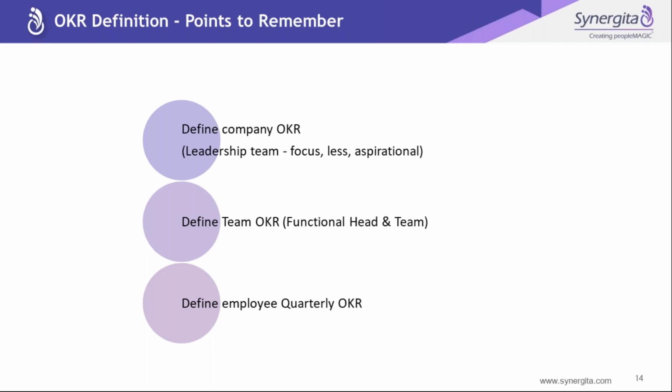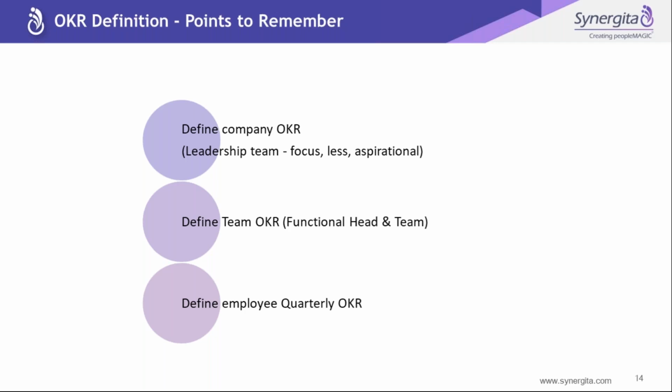From the organization's OKR, the team OKRs are drawn, whereby the functional head or the OKR ambassadors can convene team level discussions in the conference room and make sure that the organization OKR is understood by the employees, number one, the teams, and then the team OKRs are drafted.